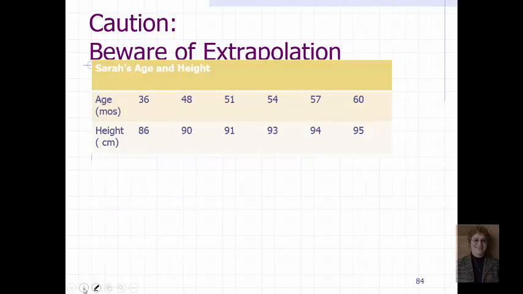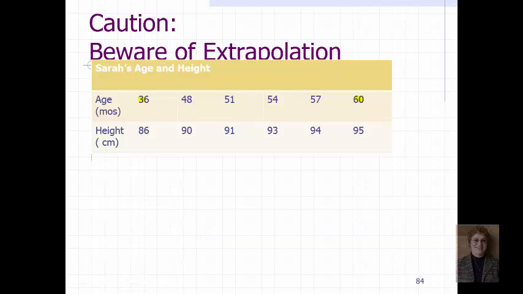Okay, let's look at an extrapolation case. What we have is Sarah, and Sarah's height was measured in centimeters during her life between age 36 months and 60 months. So between the time she was 3 and 5. And we have that data recorded here.